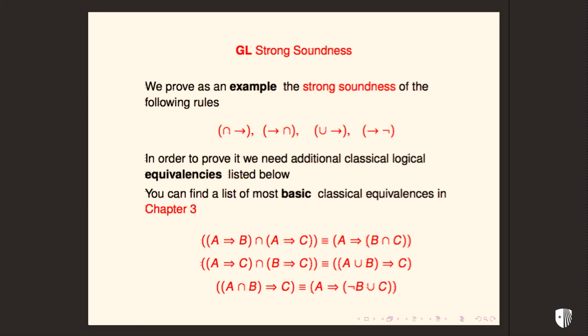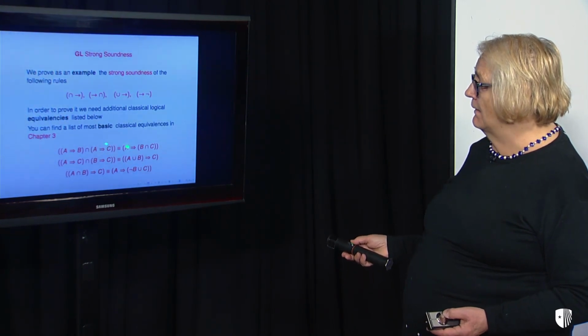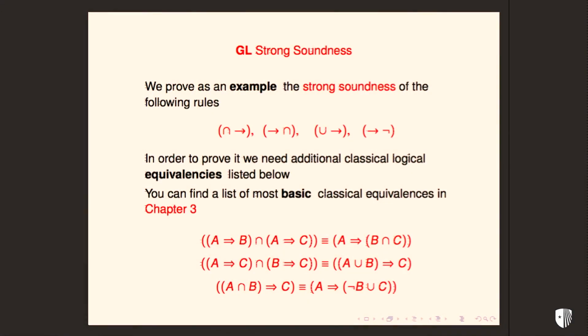Now, to prove the strong soundness of the rules, I will need all these basic classical equivalences. And here I listed them. We proved them in chapter 3. Maybe not all, but at least I listed a lot. These are the basic tautologies. It means logical equivalences, that is, the value is the same on both sides.